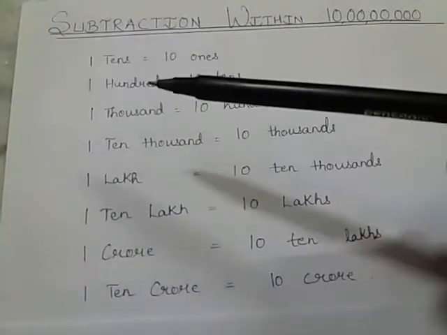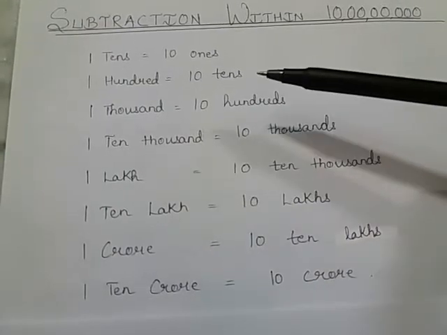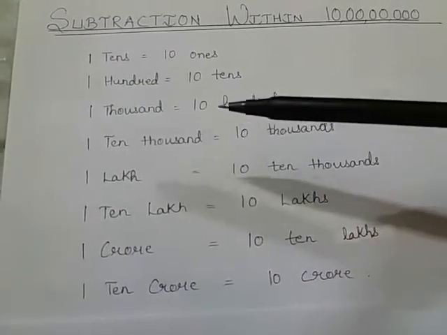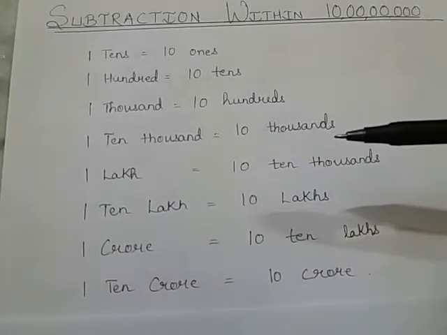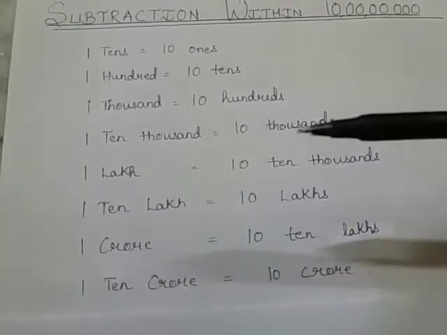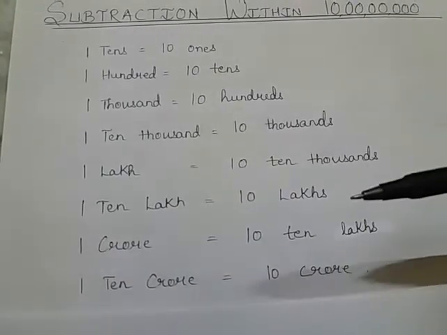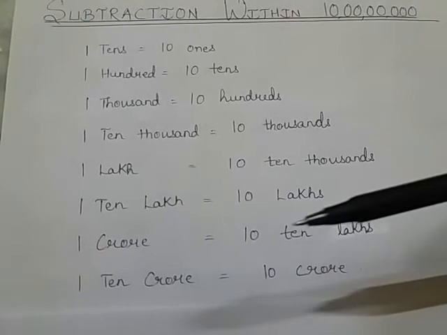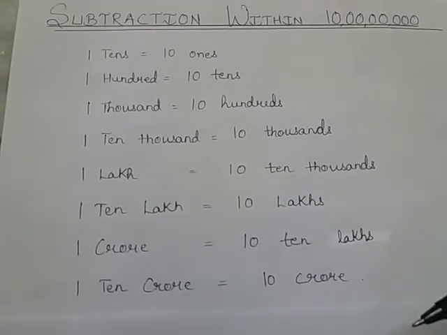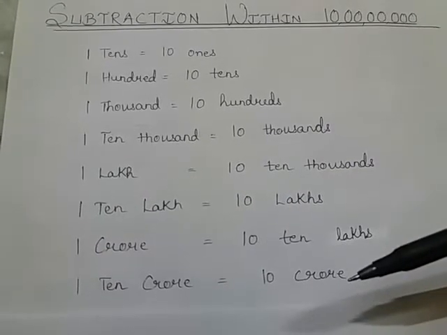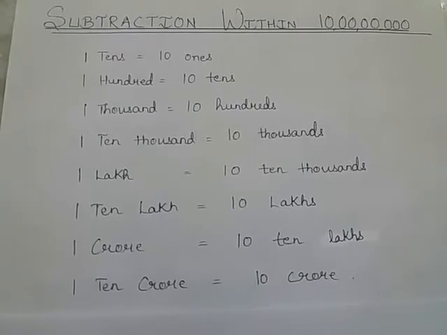That is 1 tens is equal to 10 ones, 100 is equal to 10 tens, 1000 is equal to 10 hundreds, 10,000 is equal to 10 thousands, 1 lakh is equal to 10 thousands, 10 lakh is equal to 10 lakhs, 1 crore is equal to 10 lakhs, and 10 crore is equal to 10 crore. We will be using these basic concepts while solving the questions. So let's start with our first question.